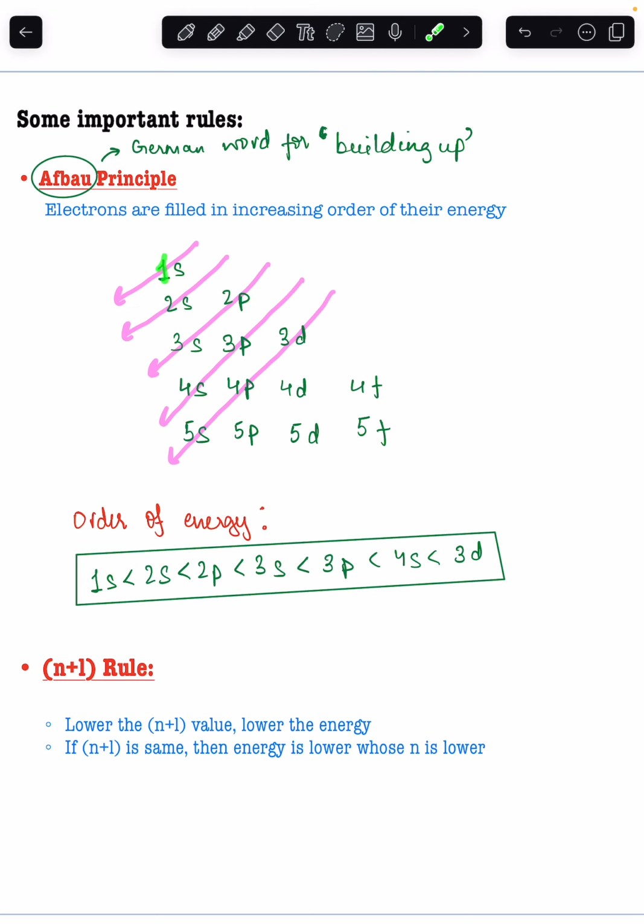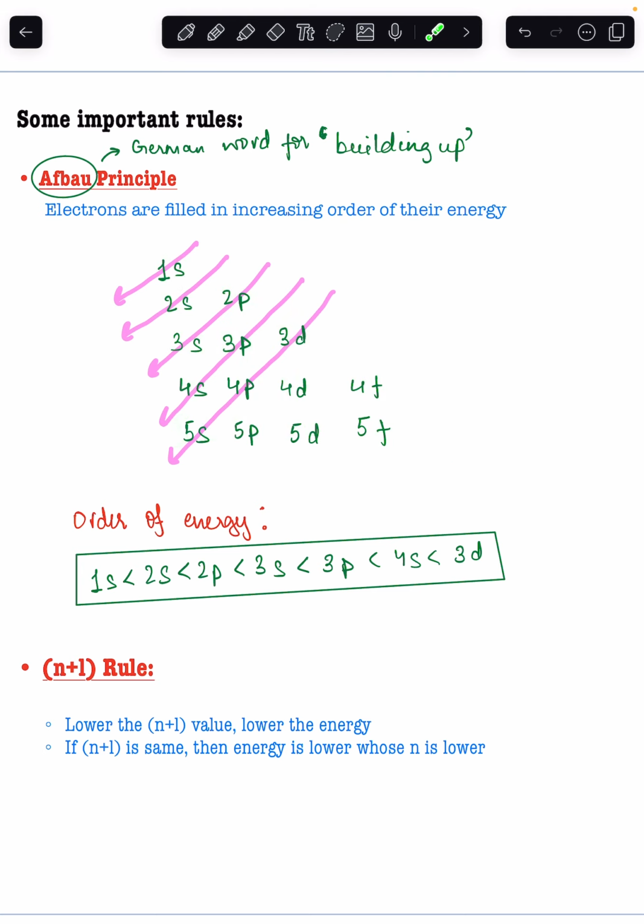So we know that with 1 only s is possible, with 2, 2s and 2p are possible, then 3s, 3p, 3d are possible, 4s, 4p, 4d, 4f are possible, 5s, 5p, 5d, 5f are possible, then 5g, and so on.